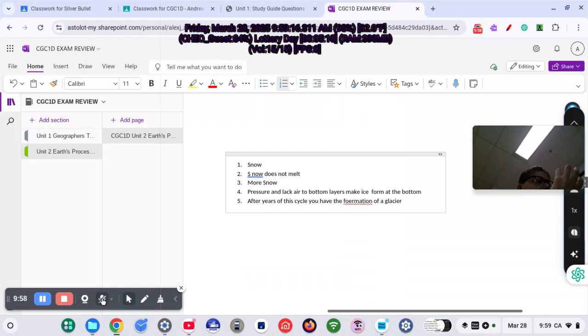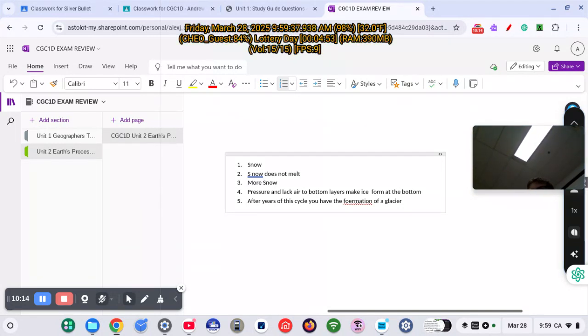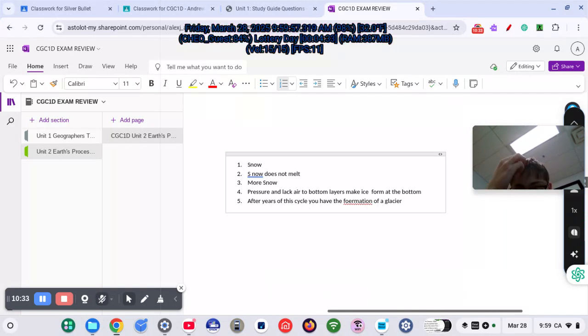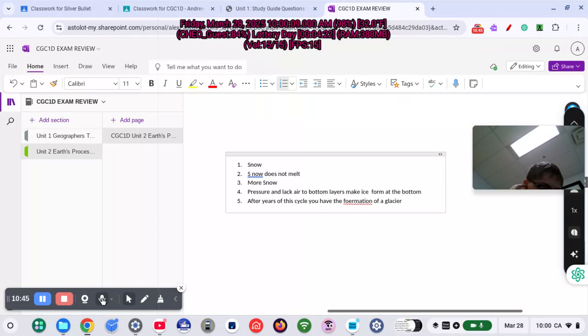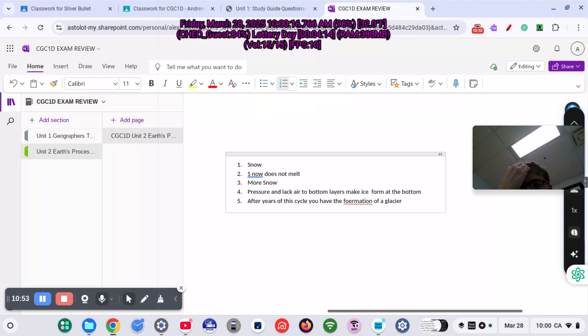It can happen very quickly. And that's because with global warming and things like that, a lot of glaciers are losing their size.